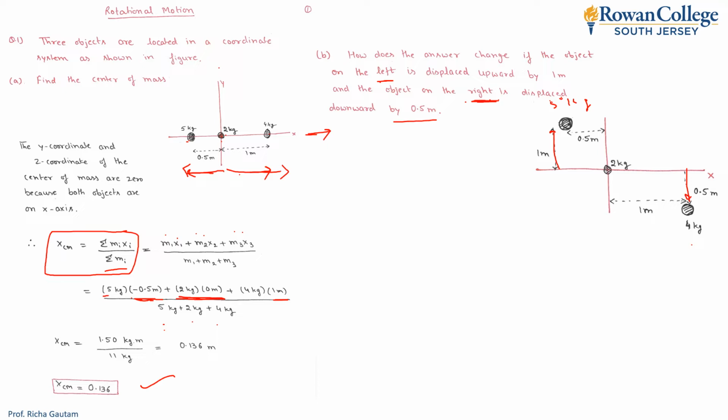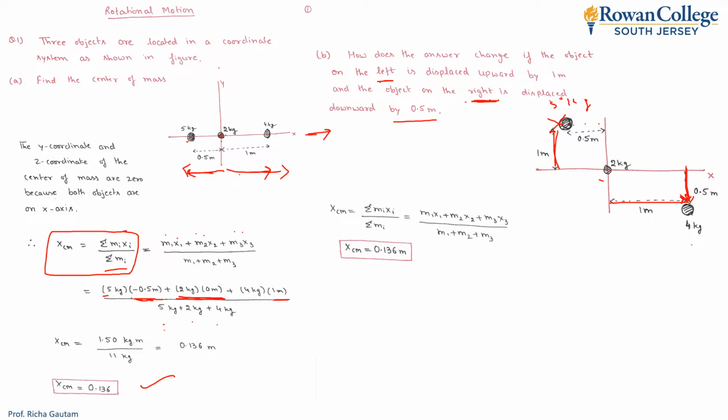So now the location of our three different objects is this. The 2 kilograms is at the same origin. Your 5 kilograms is at this position, which is 0.5 meter from the y-axis and 1 meter above the x-axis. And this 4 kilograms is 1 meter on this side and 0.5 meter below.